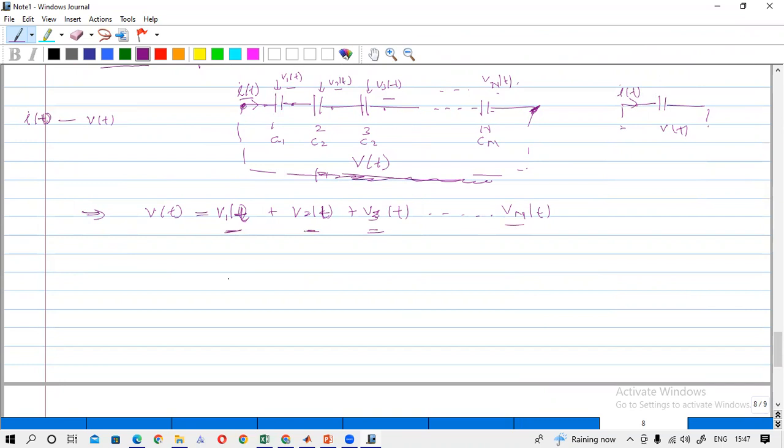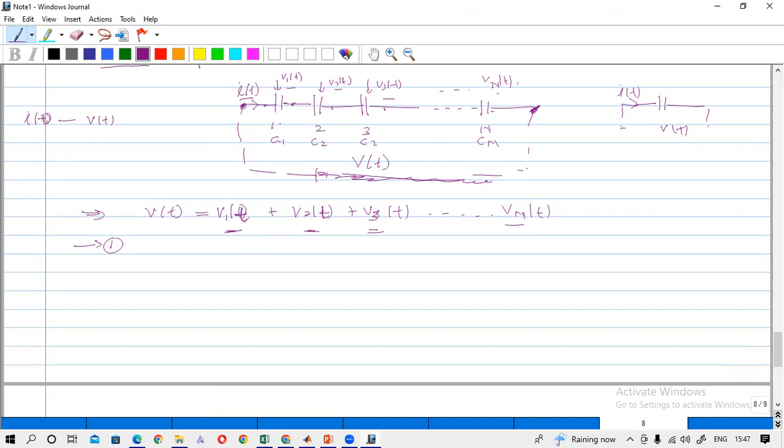So we should use the first equation, because it is easy to use when I is given and we need to find V.